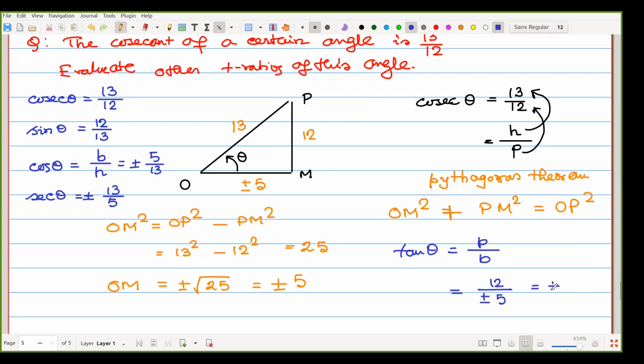So we have plus minus 12 by 5. And cot theta must be the reverse of tan theta, that means plus minus 5 by 12. So in that way, we can find out the other t ratios from a certain angle which is given.